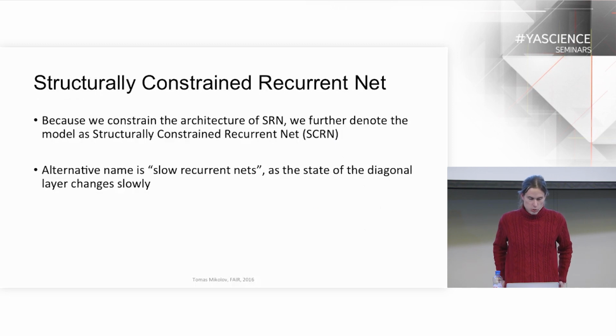We did decide to call this model the structurally constrained recurrent network, which is a little bit of a long name, but it pretty much describes exactly what the model is about, because if we have code that implements the simple recurrent network, then we can obtain the SCRN model by simply putting hard zeros into parts of the recurrent matrix, plus a few more details, like not having an activation function for this part of the hidden layer, and then adjusting the learning rates correctly for this part, and that's pretty much all that needs to be done.